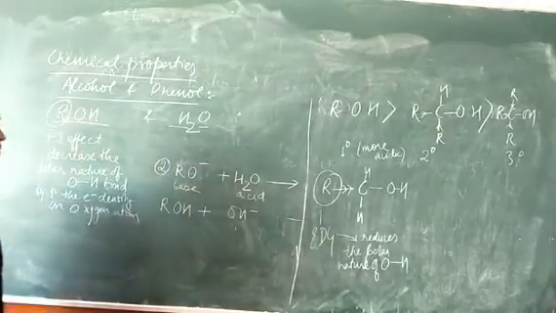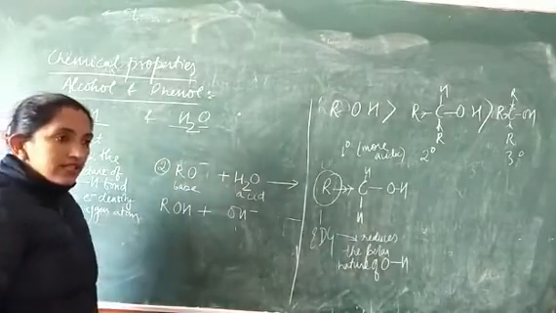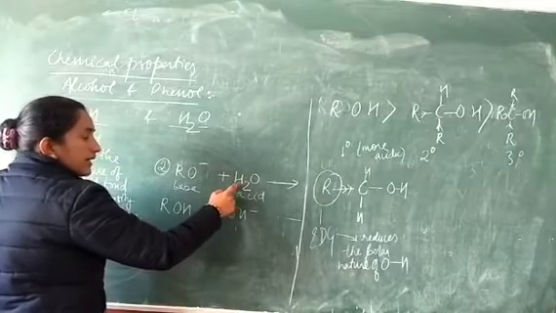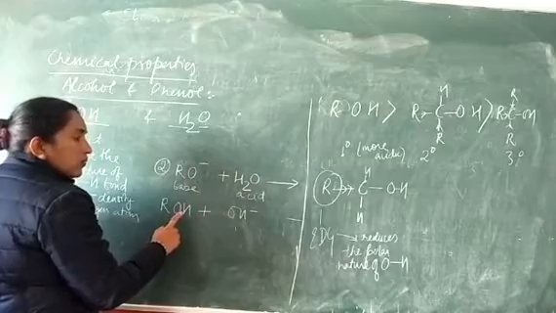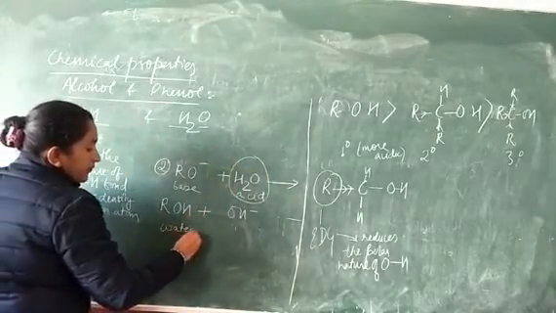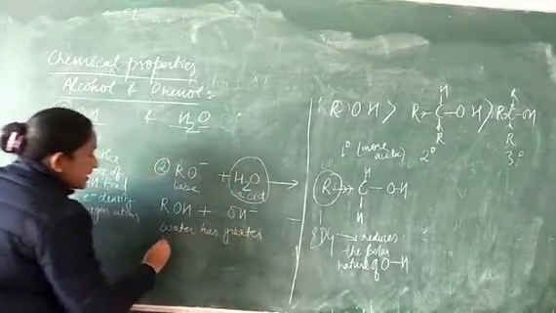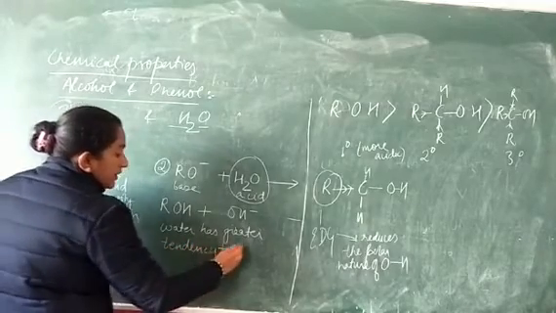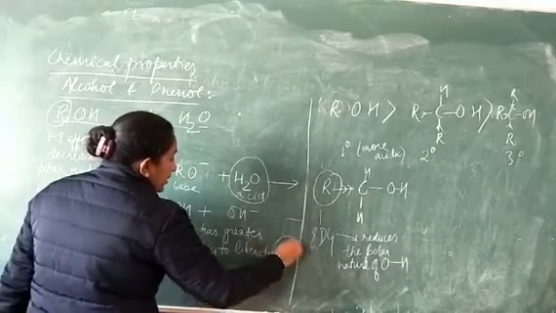Right, the alkoxide ion should be there in the solution. We add alcohol to water, we will get alkoxide ion in water. Now the alkoxide ion will take a proton which is given by the water molecule and it will get converted to alcohol. This shows that water has greater tendency to liberate a proton.